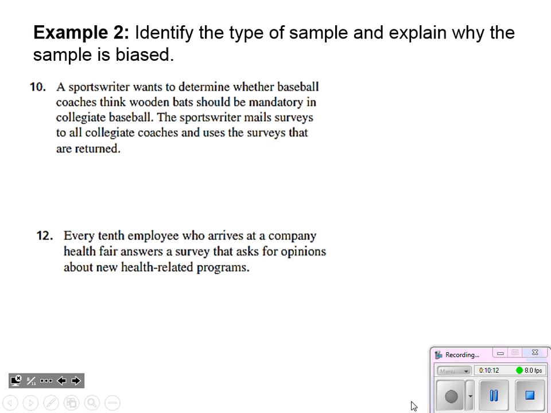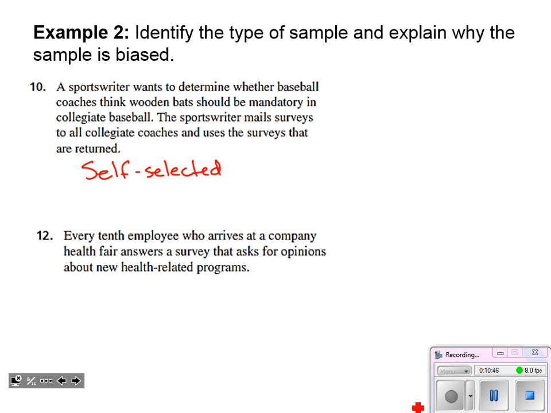Number 10, a sports writer wants to determine whether baseball coaches think wooden bats should be mandatory in collegiate baseball. So the sports writer mails surveys to all collegiate coaches and uses the surveys that are returned. Well, this is definitely biased. We can clearly tell that. It is a self-selected survey, so people can choose to complete this survey or not.